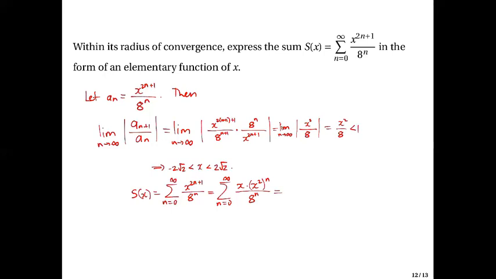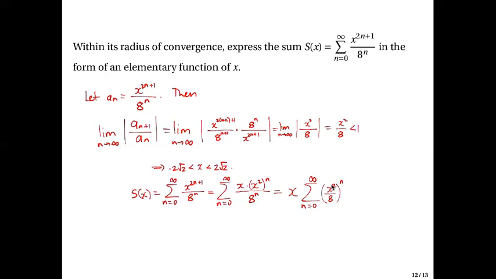We combine x squared and 8 as one fraction and then raise it to power n. Then we bring our x out of the summation symbol. So we will have x times the sum of x squared over 8 quantity to the n, from n equals 0 to plus infinity.